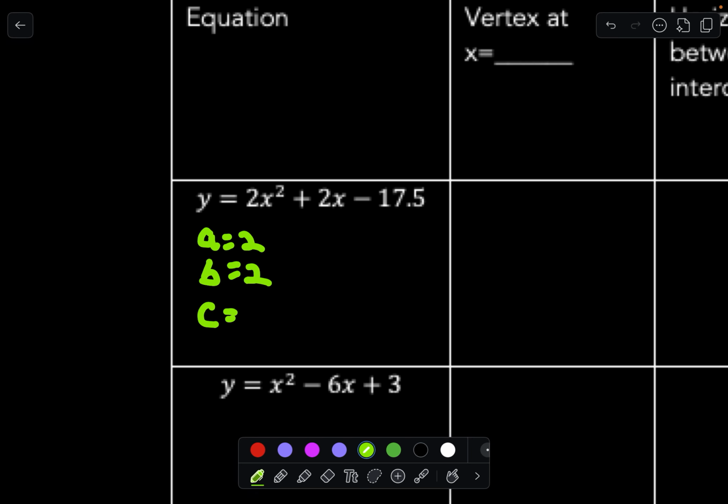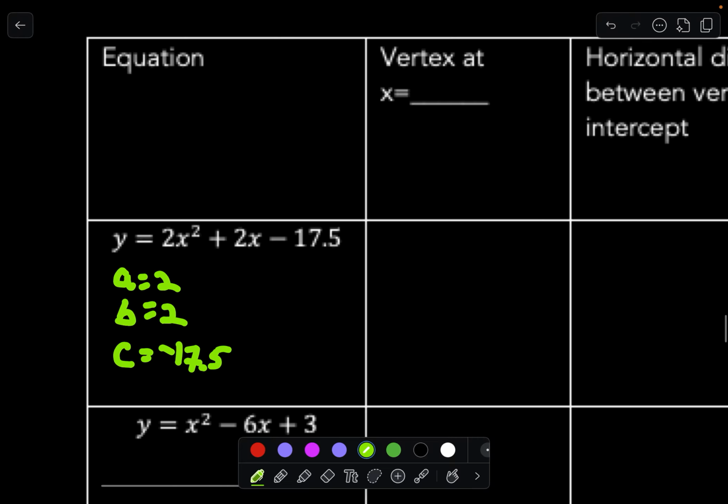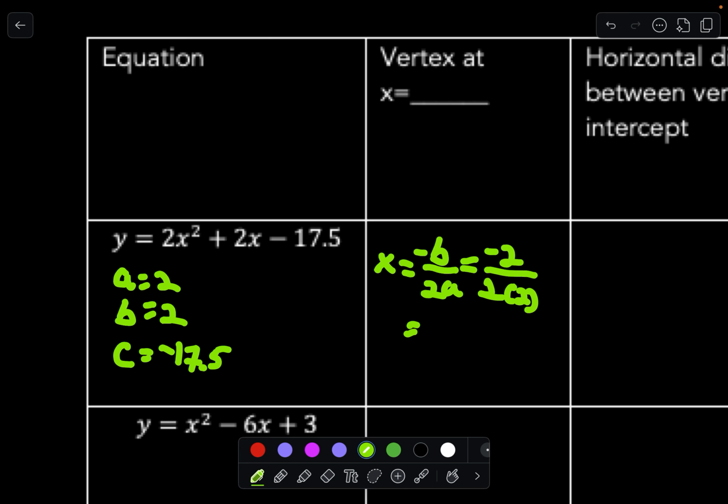C equals negative 17.5. So the vertex occurs at, this is H. Well, they call it X, but they're going to refer to that as H in the formula. So X equals the opposite of B over 2A. So that's going to be the opposite of B, negative 2, over 2 times 2, which equals negative 2 over 4.